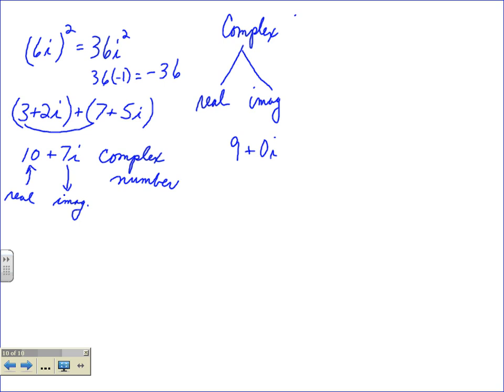A complex number can be written as a plus bi, where a is the real part, and this is the imaginary. Here's a problem, write 9 as a complex number, 9 plus 0i. That's simply 9. How could I write 6i as a complex number? 0 plus 6i. Every number can be written as a complex number.